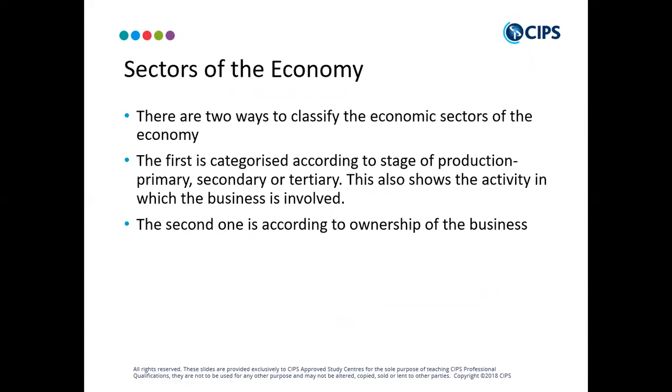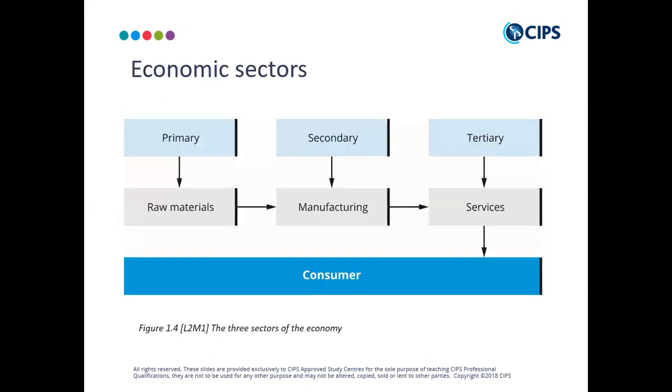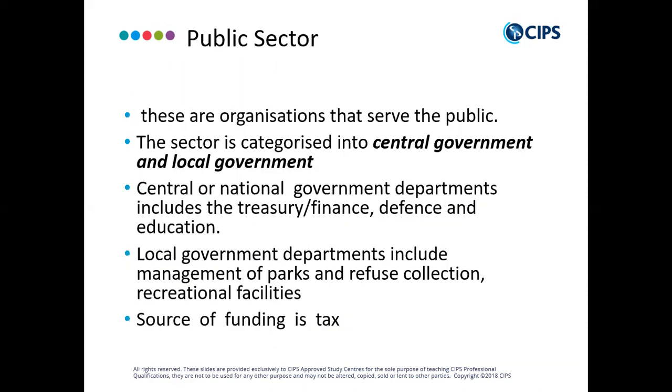The first is categorized according to production, which details whether it's primary, secondary, or tertiary. And then the other one deals with whether this is in the production sector or service sector. It's as simple as that. So we dealt with these.